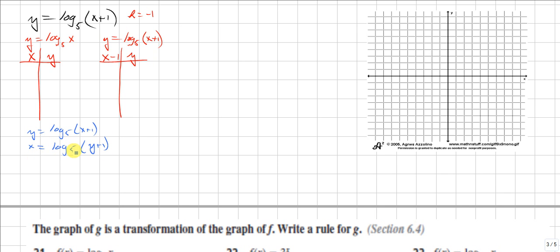Then we have 5 to the x equals y plus 1. Now we're going to subtract 1, so I get 5 to the x minus 1 equals y. And there's my inverse equation. That will be x and y values for that.